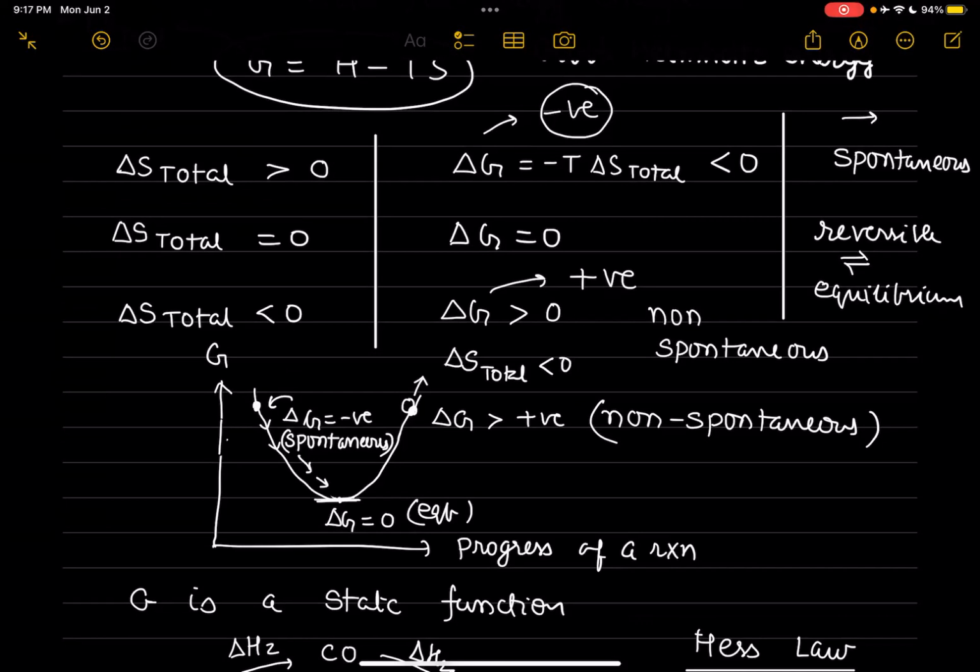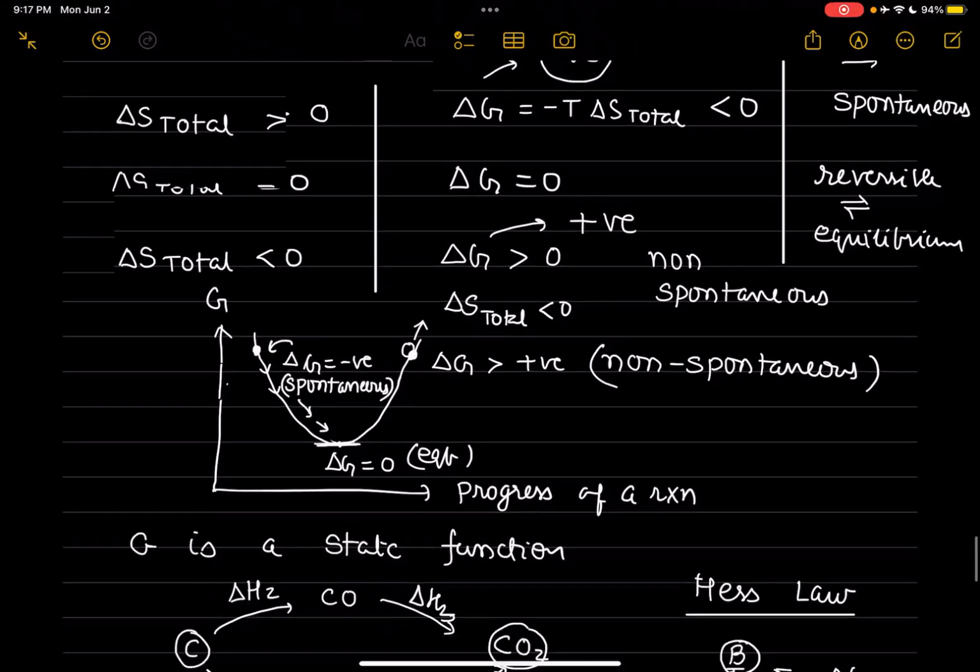If it is kept on a slope, it will come down because its potential energy is decreasing in physics. But in the case of chemistry, if a reaction is moving ahead, its Gibbs free energy change is negative, its Gibbs free energy is decreasing, then the reaction is spontaneous.